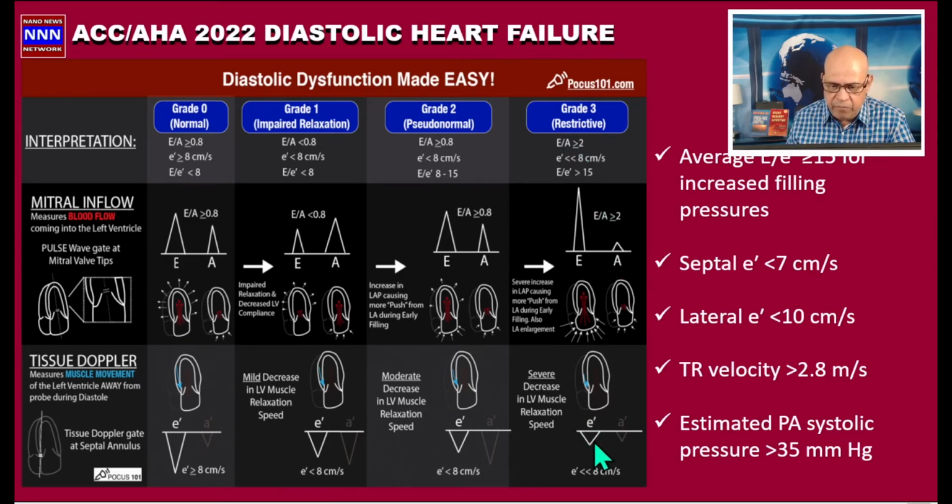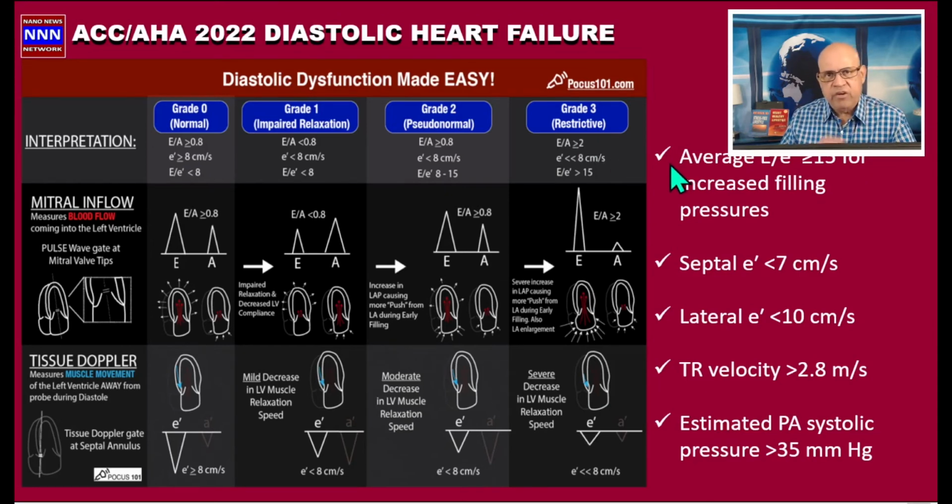The E prime becomes less than 8 centimeters per second, or in most cases it is less than 5 to 7 centimeters per second. And in that situation, the E to E prime will be greater than 15, and that ratio is diagnostic of grade 3 diastolic dysfunction with restrictive characteristics.